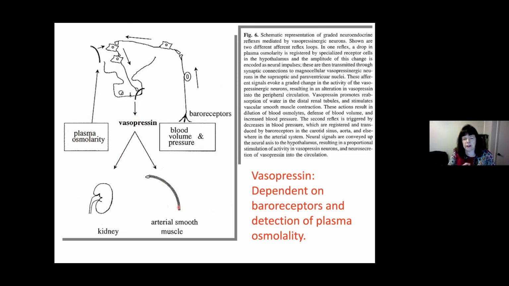So for example, it'll constrict the arteries, allowing more control of blood pressure at this point. And then it also regulates water conservation and sodium conservation here in the kidney on specialized cells.